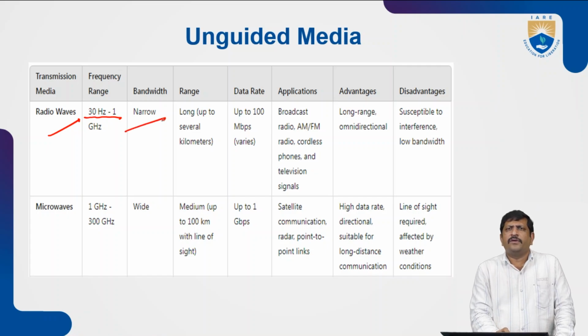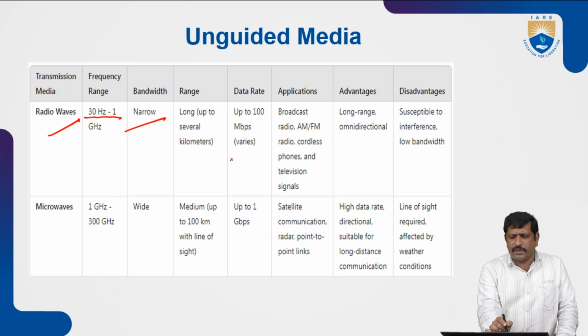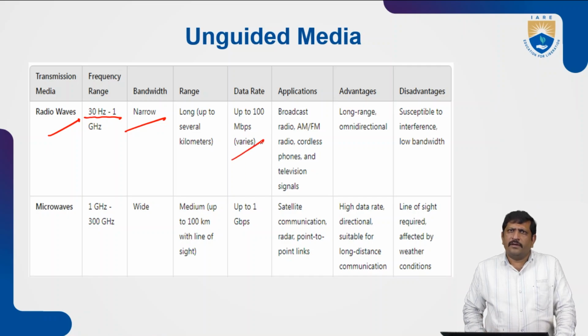The range is up to several kilometers. For this unguided transmission media, radio waves, the data rate is up to 100 Mbps. Up to 100 Mbps the data can be transferred.